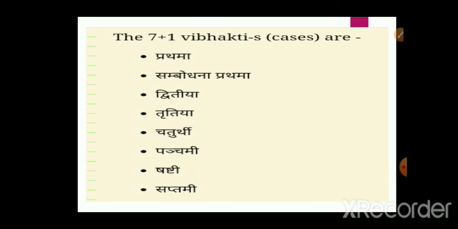So those Vibhaktis are Prathama Vibhakti, Dvitiya Vibhakti, Tritiya Vibhakti, Chaturthi Vibhakti, Panchami Vibhakti, Shashti Vibhakti, Saptami Vibhakti. These are 7, plus one more Vibhakti, that is Sambodhana Prathama Vibhakti. So in total we have 8 cases, that is 8 Vibhaktis in Sanskrit. As of now, just know this.